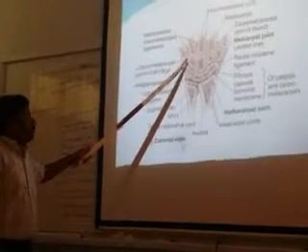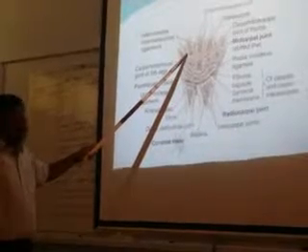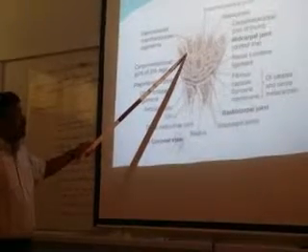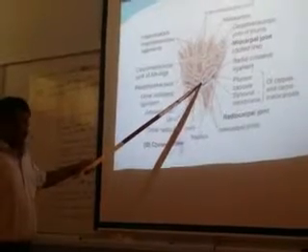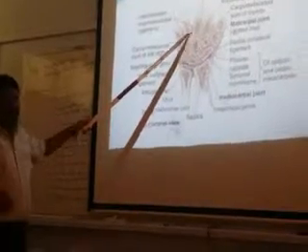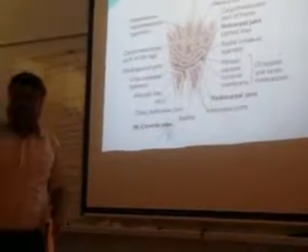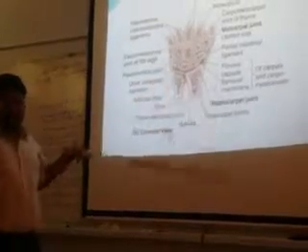This is carpo-metacarpal and intermetacarpal. Clear? So now I will tell you one point here. All these joints, what are they? Intercarpal, midcarpal, carpo-metacarpal for the lateral four fingers, and then intermetacarpal. I repeat it again.